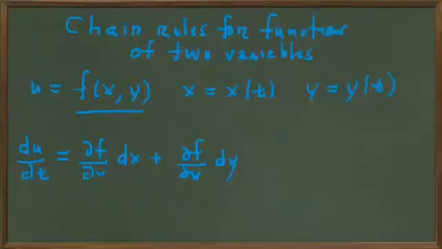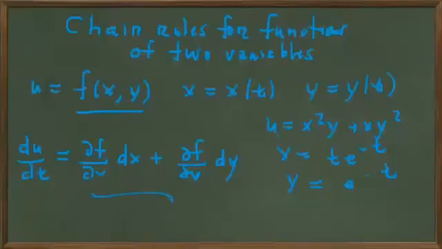So if we define the function u as x squared y plus xy squared, and we define the function x as t e to the minus t, and the function y as e to the minus t, and we plug into the du dt formula that we have here, let's see what we get.